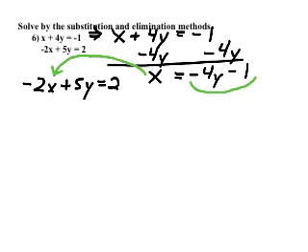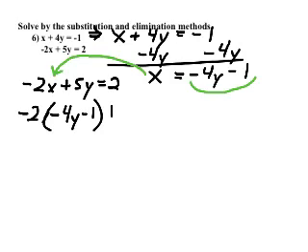So we have negative, not 2x, I'm putting the other thing in, negative 2 times negative 4y minus 1, because that's what the x equals, plus 5y equals 2. The object of both substitution and elimination is to get rid of one of the variables, so we're only working with one. We can solve an equation if we have just one variable in it.